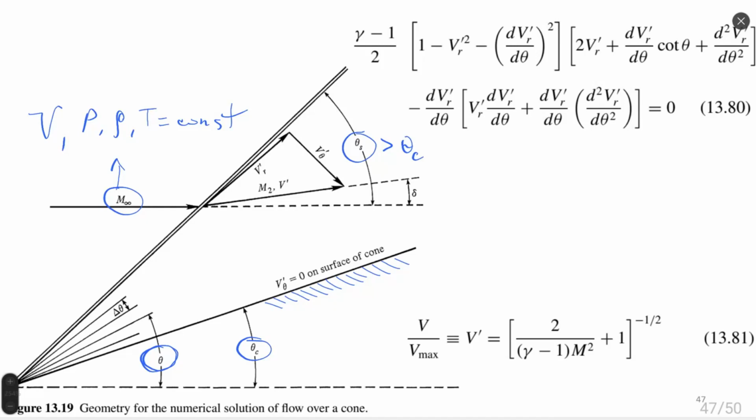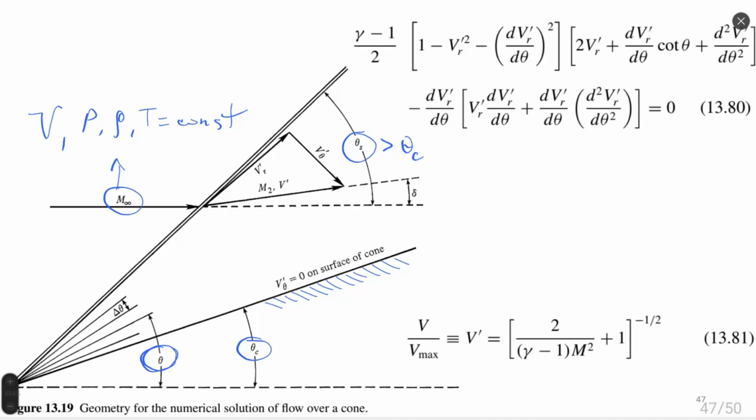And then integrating this equation, we obtain the solution. Not always can we get this solution from the first attempt, because our guess of theta s could be wrong, so the solution will not coincide with the parameters on the surface once we start to integrate this equation.